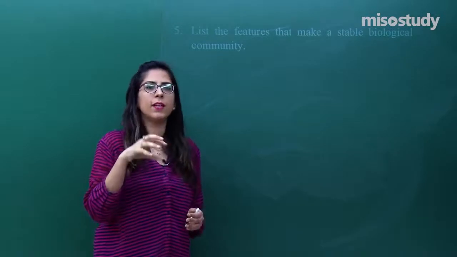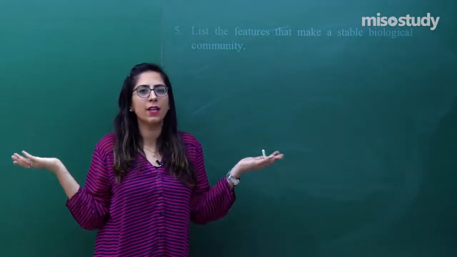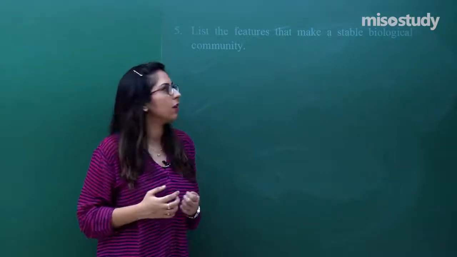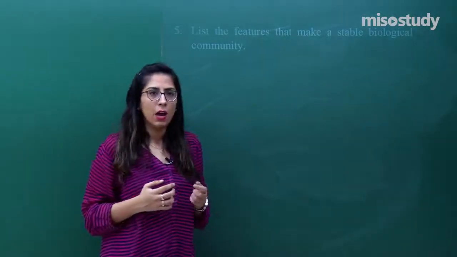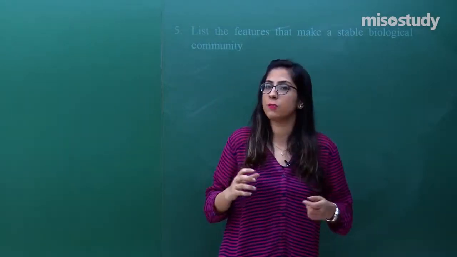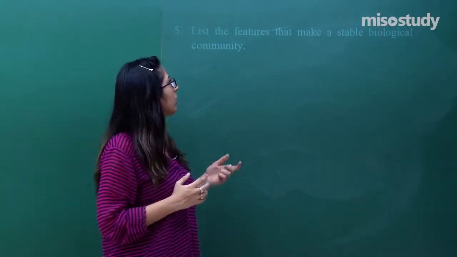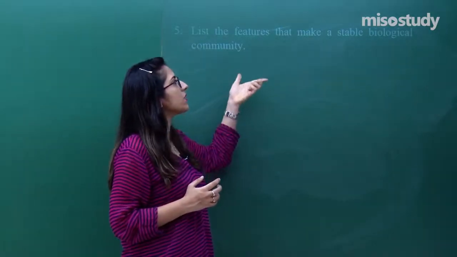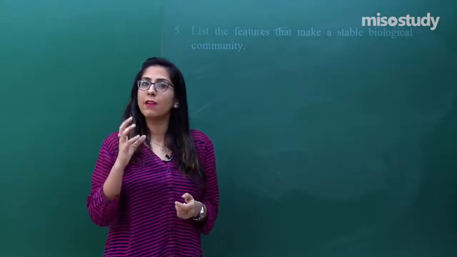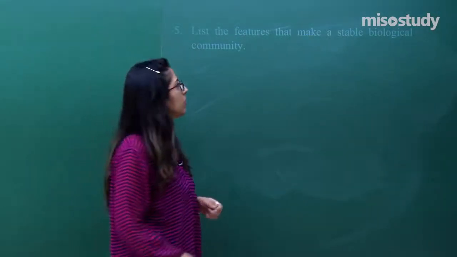Any human or man-made interference that happens doesn't affect a stable biological community. Along with that, the major problem we are facing today is related to alien or exotic species. Those communities are considered the most stable if they are not affected by any alien or exotic species.